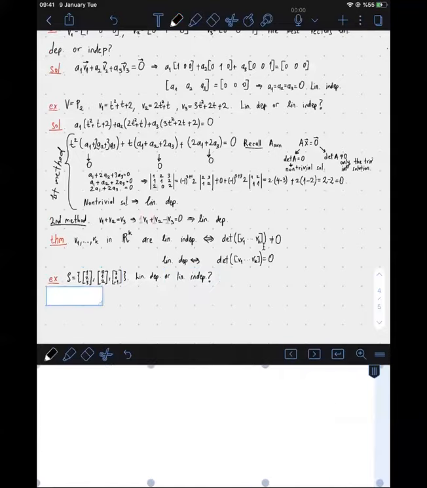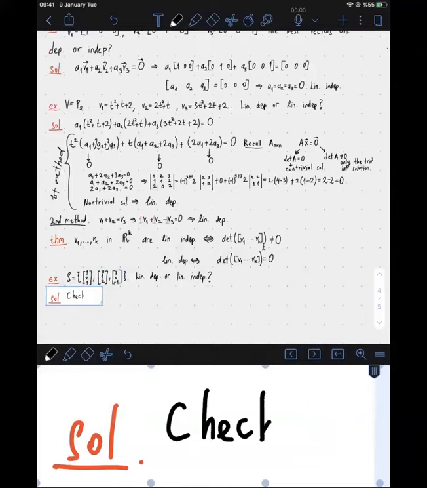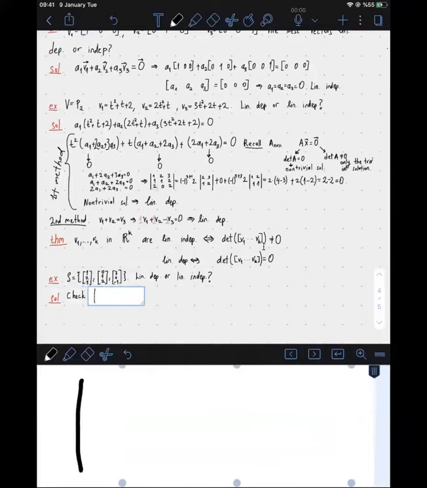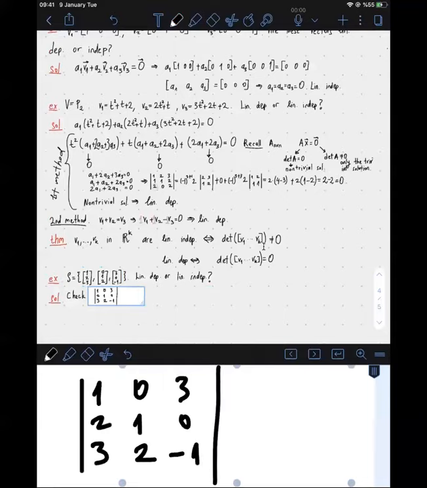For this case, all we have to do is check the determinant of the matrix. 1, 2, 3, 0, 1, 2, 3, 0, minus 1. If the determinant is 0, then they are linearly dependent.